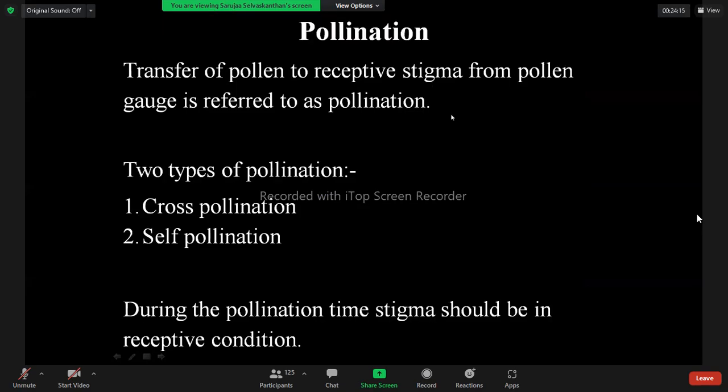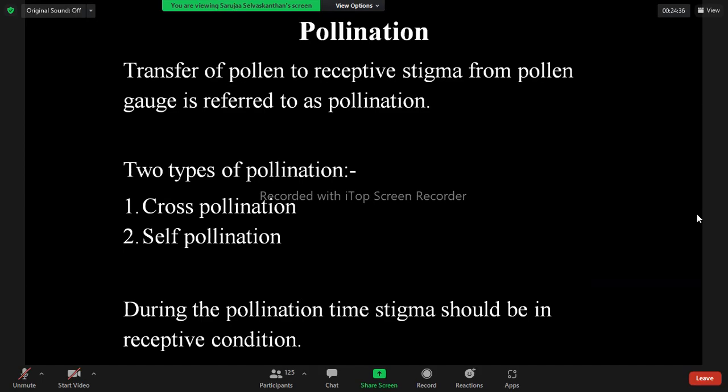Right? So pollination, now you know what is androecium, what is gynoecium, what parts are there, right? Now we are going to see how the pollination happens, right? Transfer of pollen to receptive stigma from pollen sac is referred to as pollination, right?